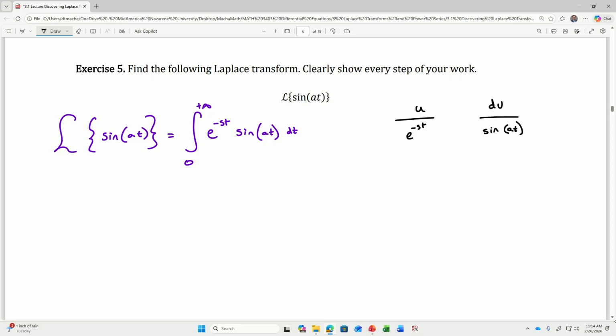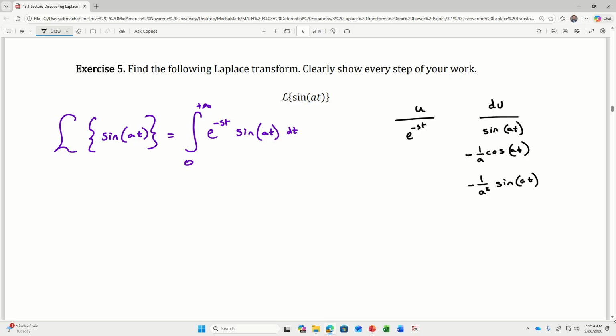So I'm taking the antiderivative of sine, like negative cosine divided by a, right? So minus 1 over a cosine at, and then minus 1 over a squared sine of at.